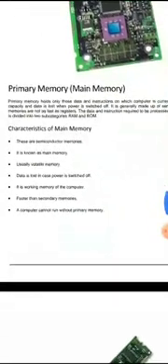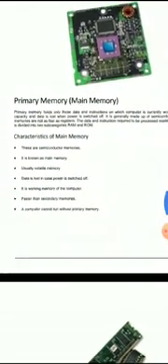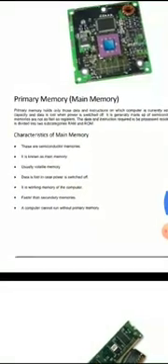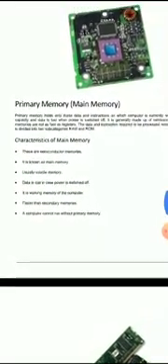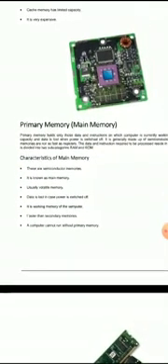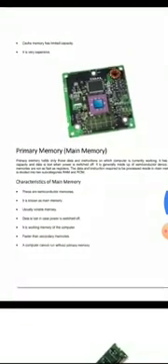Primary memory holds those data and instructions on which the computer is currently working, like a particular file is open, and if we have not saved the file and we are not pressing Control S after typing a few lines, it will be lost if the power supply is gone.